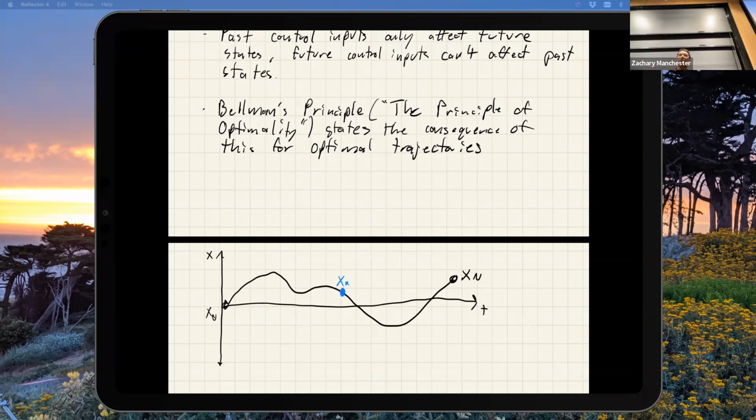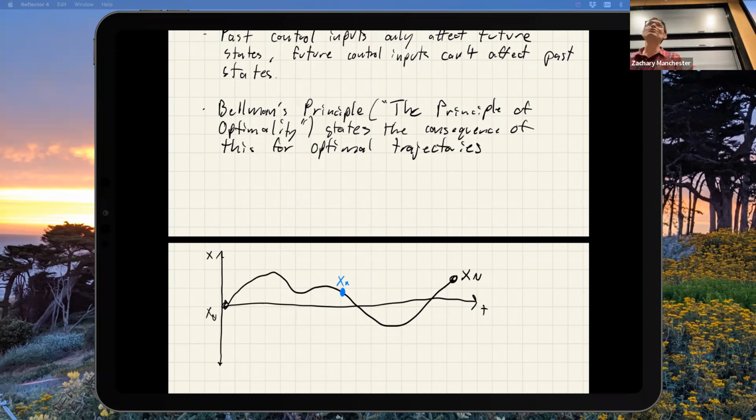And then I were to resolve this problem, a shorter version of the same problem, but starting from this xk. The principle of optimality says that this subproblem's solution has to be this sub-trajectory from the bigger problem.